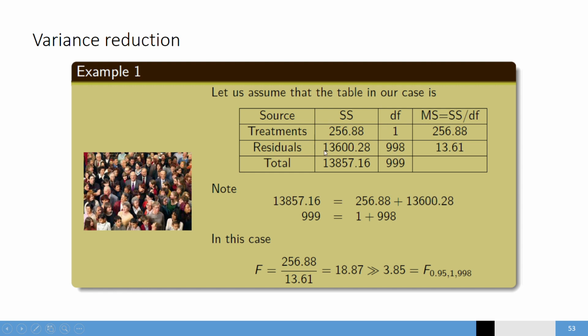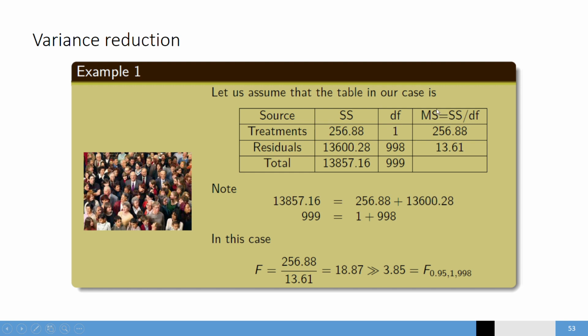Also this difference with respect to the average of the group, you have to estimate parameters for those, and then you use these many parameters. Okay, how much variability does each one of the parameters explain? So in the treatments, you have explained all this variability with only 1 degree of freedom.